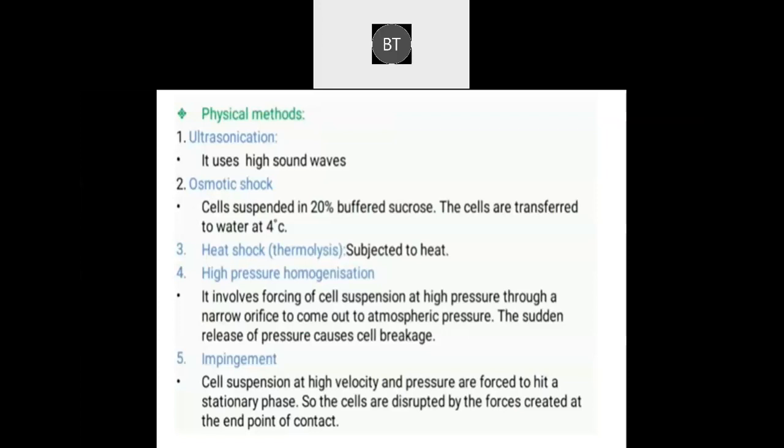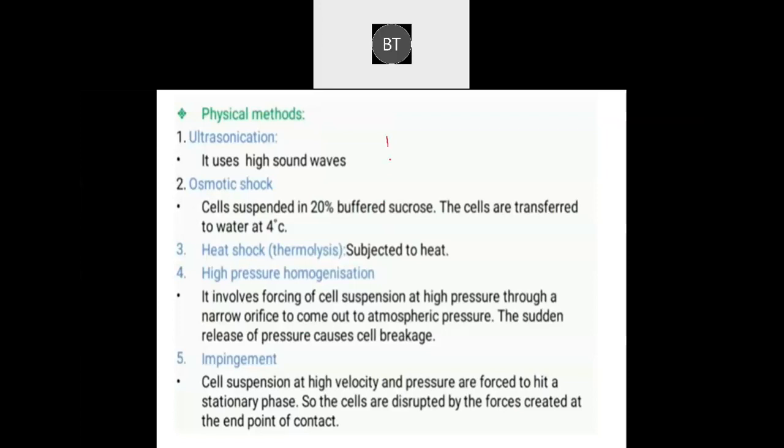First one is ultrasonication. Ultrasonication is a process wherein you have an equipment into which you add your material of interest.